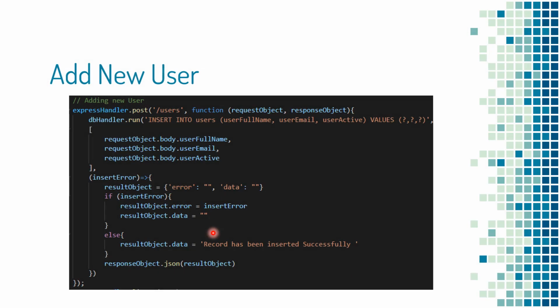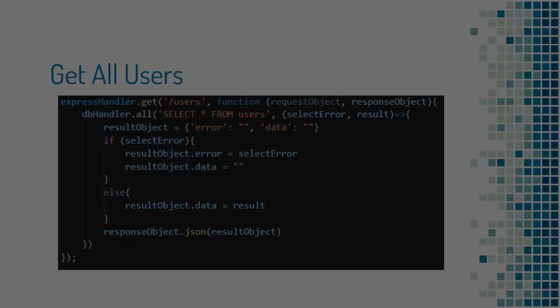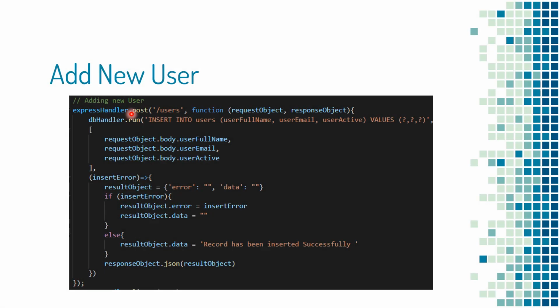So to perform a new action, it's really important to understand that for any read I'm going to use get, whether it's going to fetch everything or return one individual row. When you want to create a new user, usually you would use the post action, and as you can see, I'm always using the same resource.